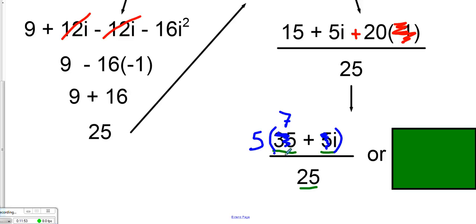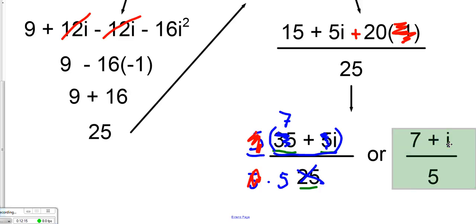Now we've got this binomial times this coefficient, and down here this is the same as saying 5 times 5, and we're just going to divide out the 5 from the top and from the bottom. That way we can see we have simplified. We're dividing out 5 from everything. 7 plus i, or 1i, all over 5.